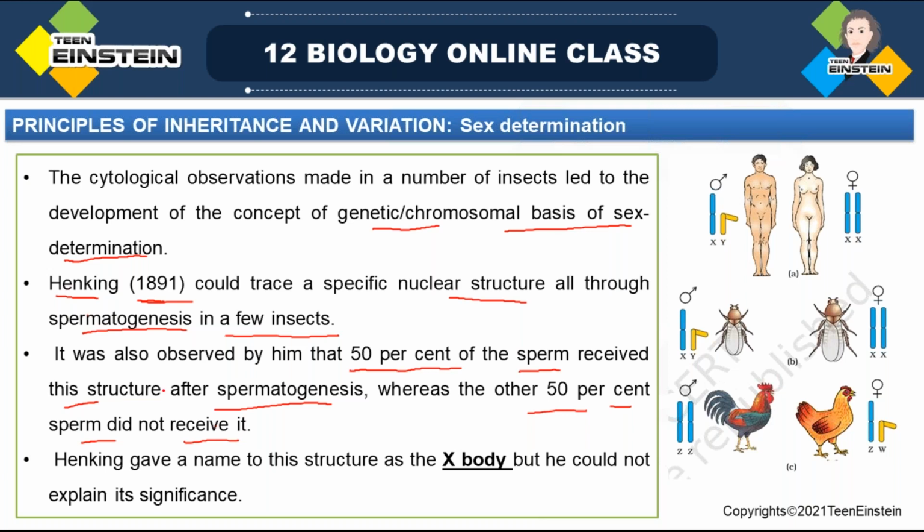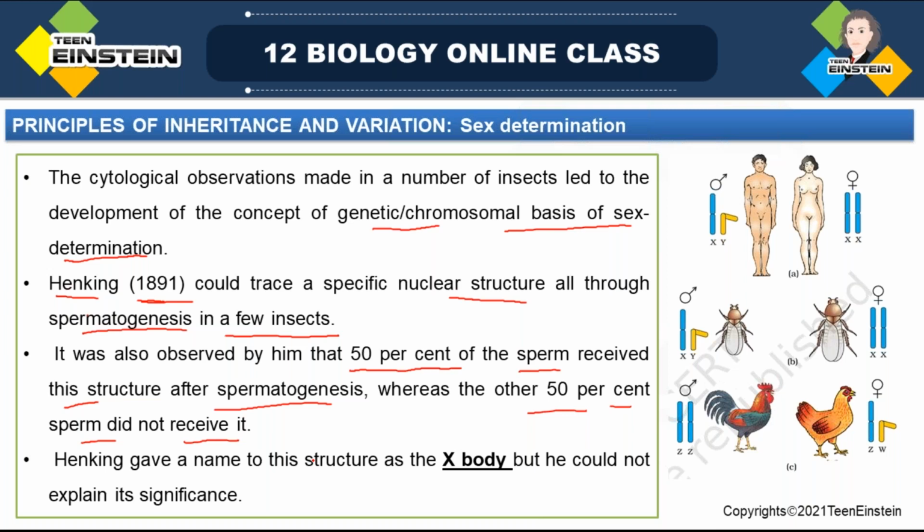Okay. So Henking gave a name to this structure, X body, but he could not explain the significance of that. Henking, in 1891, reported the specific nuclear structure. All through spermatogenesis, it is present.